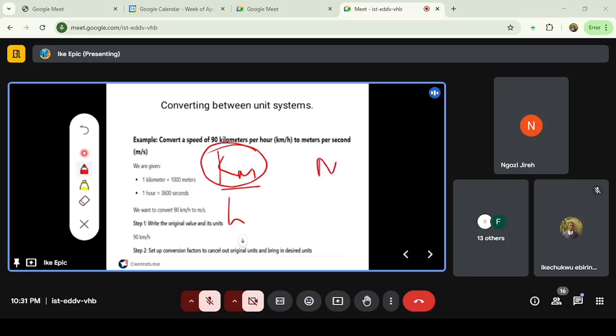The SI unit is meter per second. So if you were to convert from kilometer per hour to meter per second, for the one up in this fraction, kilometer to meter, it's straightforward. We are converting from a bigger unit to a smaller unit, so you multiply by the conversion factor.